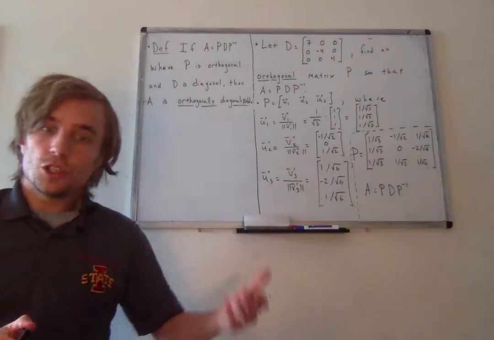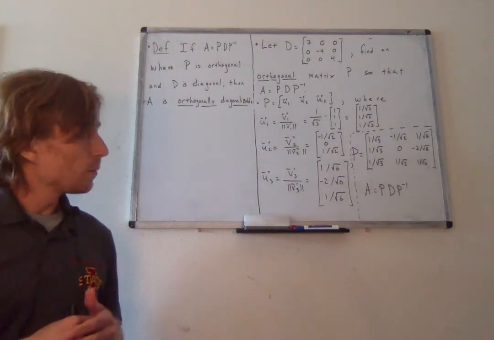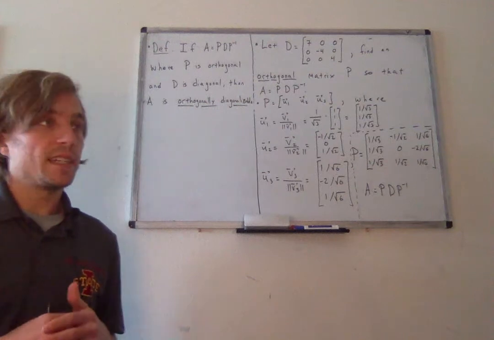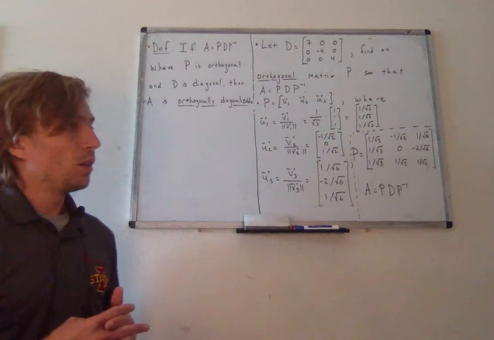So we just showed an example of a symmetric matrix that was orthogonally diagonalizable. Remember, I said it was not a coincidence that the eigenvectors of A were orthogonal.